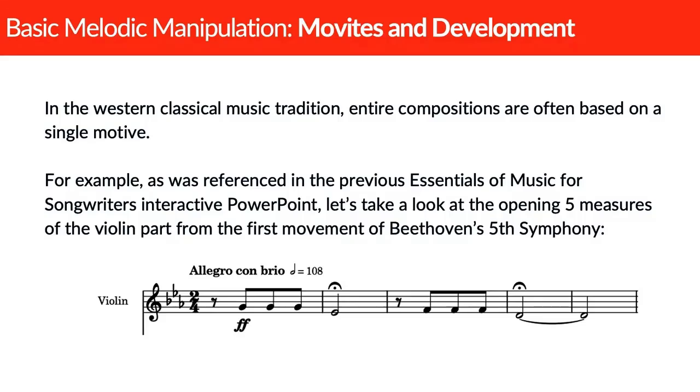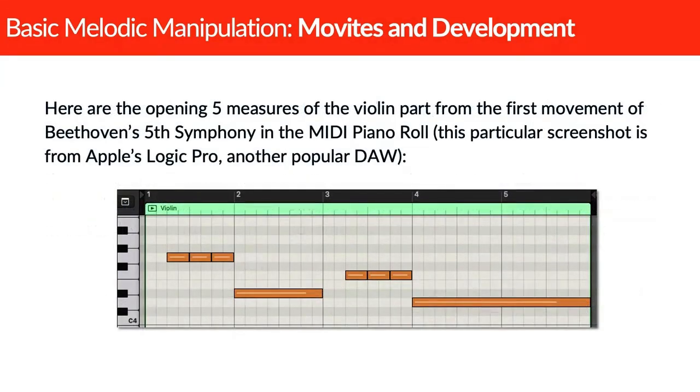So I have here the traditional notation, and I want to show you the DAW MIDI piano roll editor in Logic Pro. I have a screenshot of that same motive, the same opening 5 measures, here in the MIDI editor.